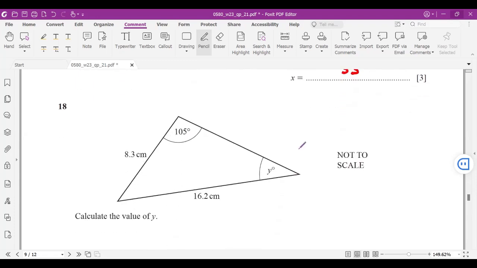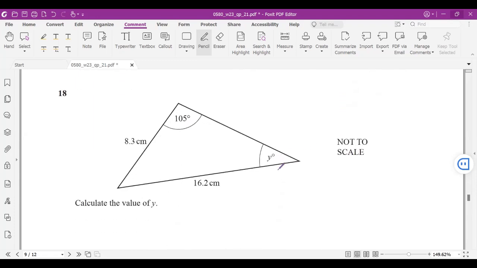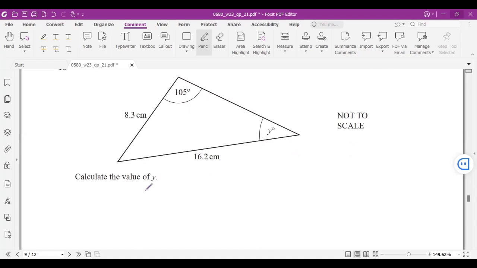We proceed to question number 18. Here, we are going to use the sine rule. So here we say sine y all over 8.3 is equal to sine 105 all over 16.2.